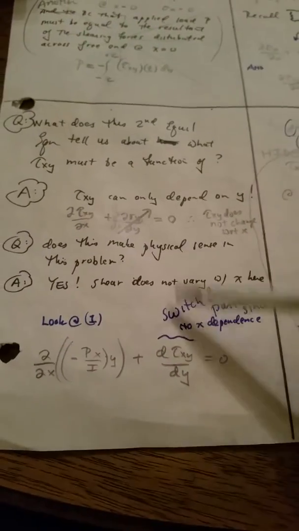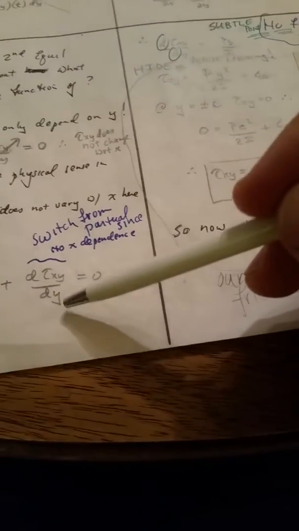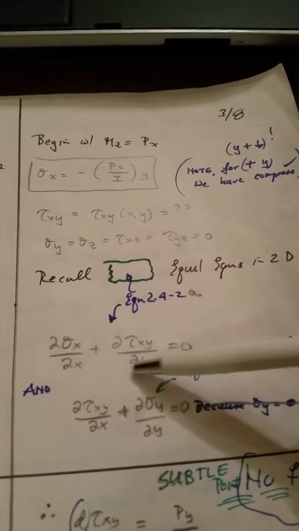So here we have our subtle but super important switch that d tau xy dy becomes a regular derivative instead of a partial derivative. So we can go back to the first equation in here and switch this partial to a regular.